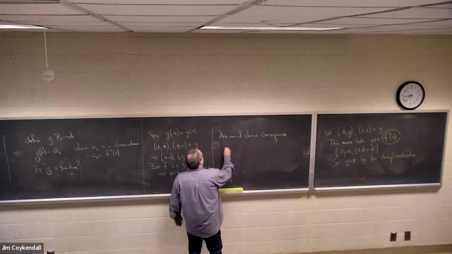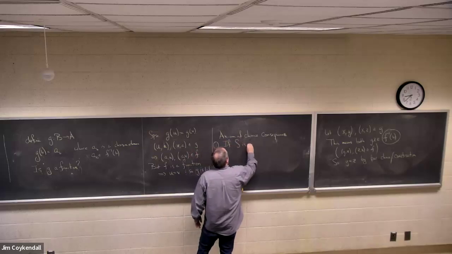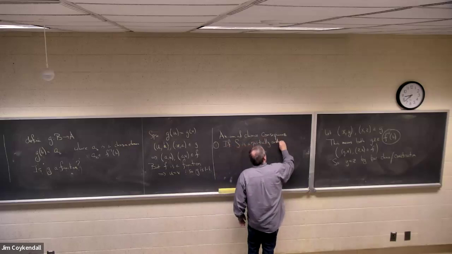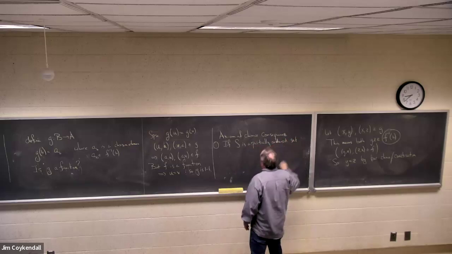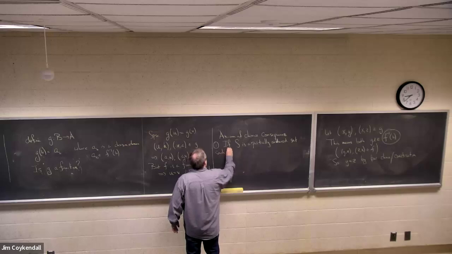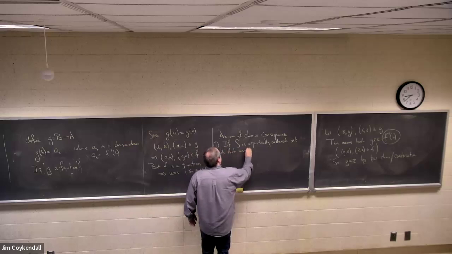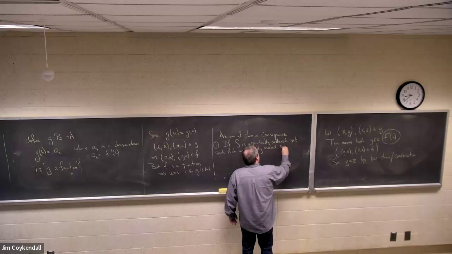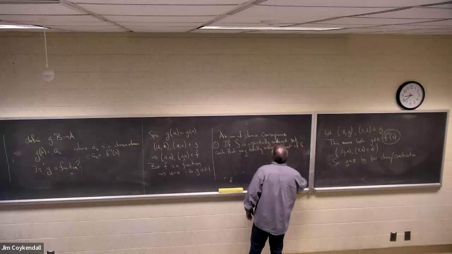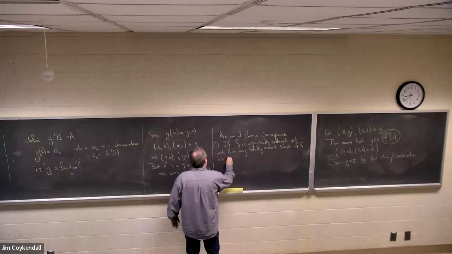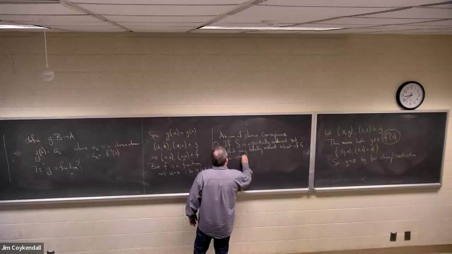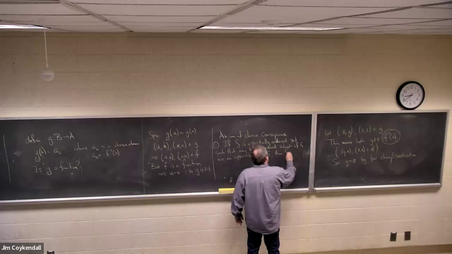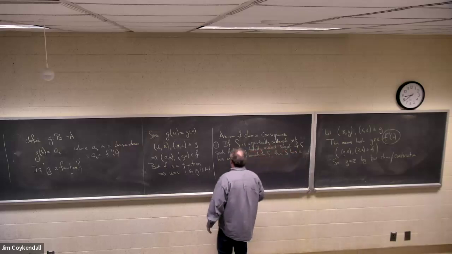This is called Zorn's lemma. If S is a partially ordered set such that any totally ordered subset of S has an upper bound in S, then S has a maximal element.